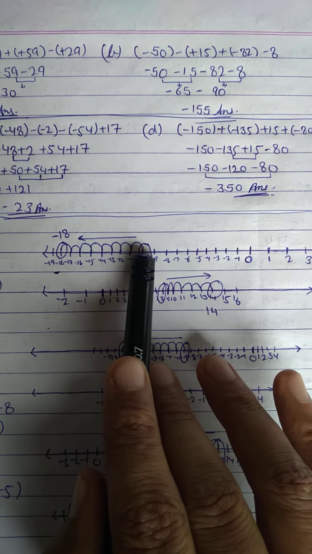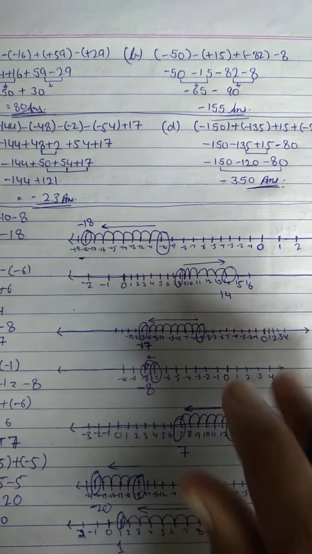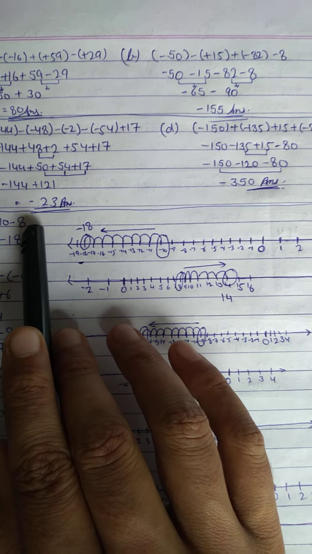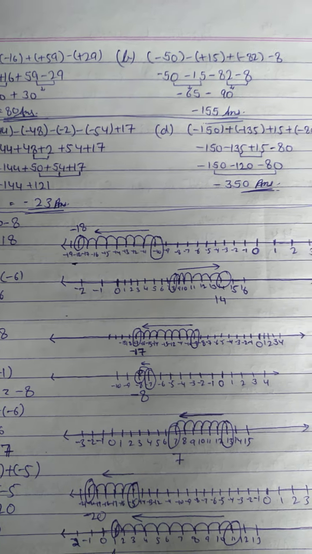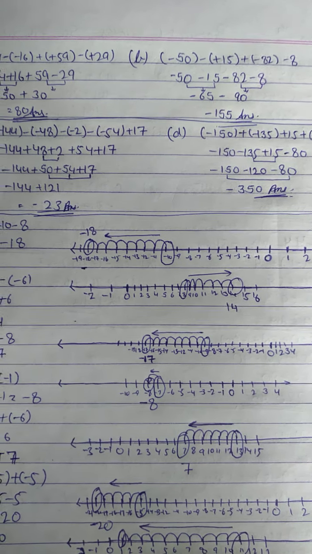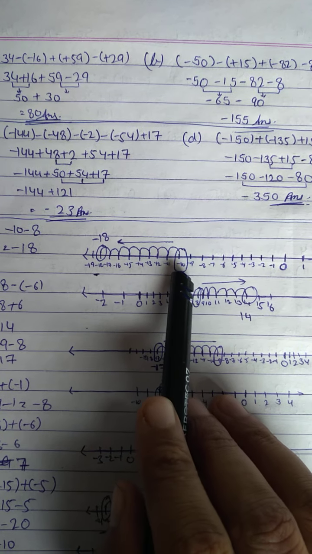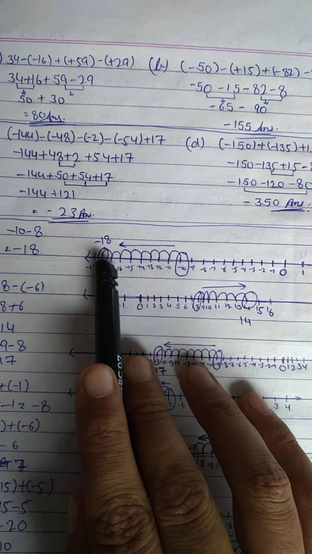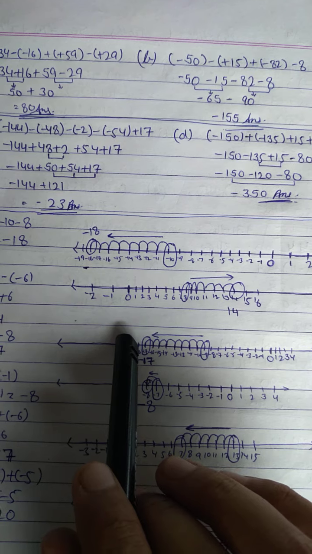So here I mark the minus 10, and then I want to subtract 8. If I want to subtract from an integer, then I have to move to the left from that integer. So I move 8 steps left from that integer and I reach minus 18. So minus 18 is my answer.